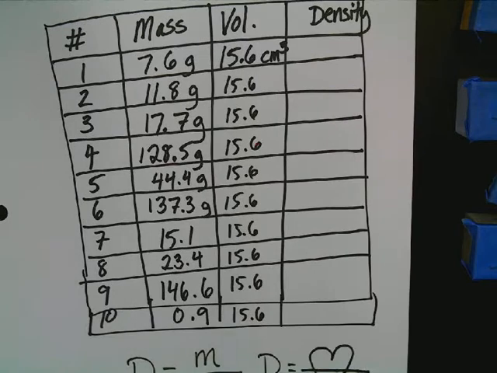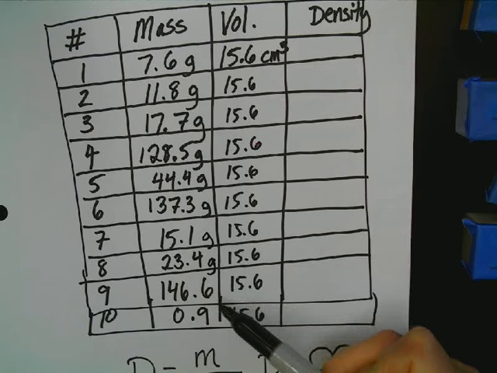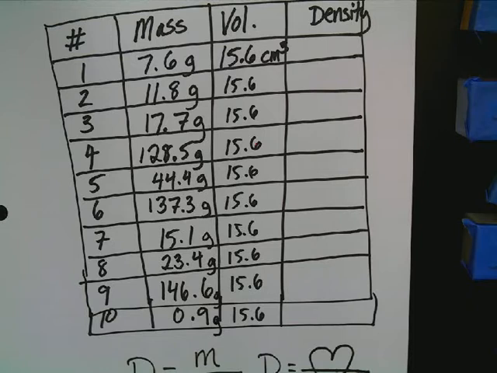Number 1, 7.6, 2, 11.8, 3, 17.7, 4, 128.5, 5, 44.4, 6, 137.3, 7, 15.1, 8, 23.4, 9, 146.6, and 10, 0.9. Okay, so there you have it.